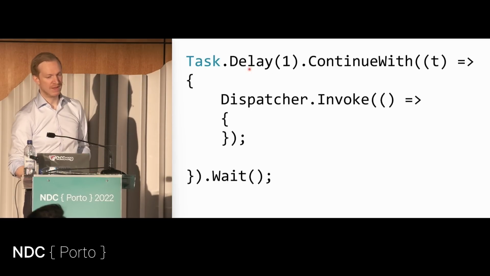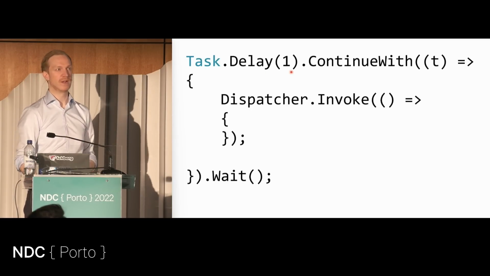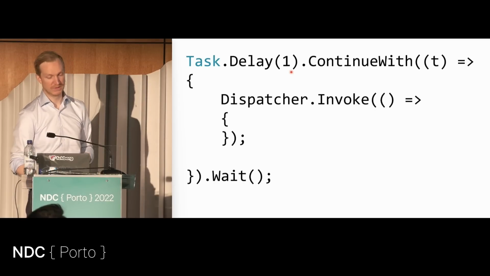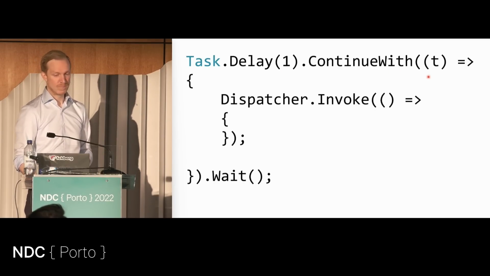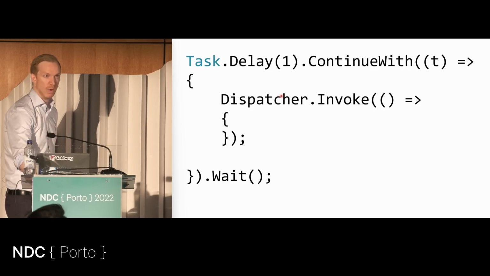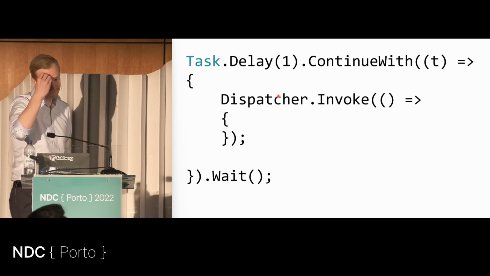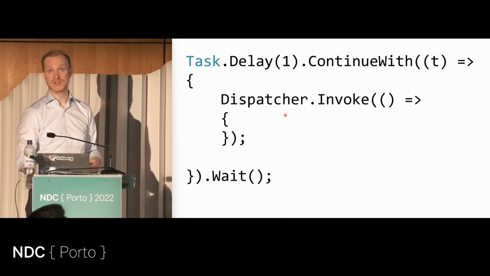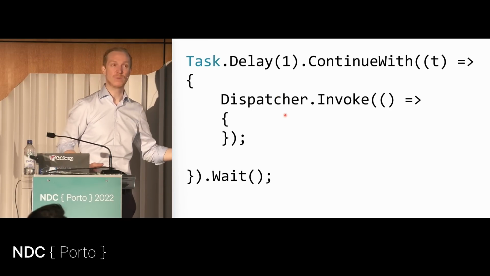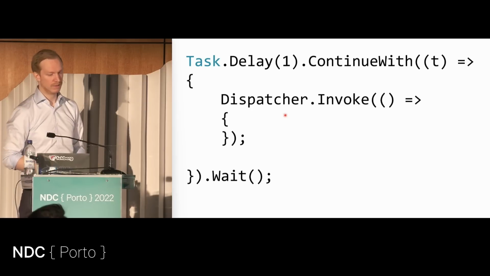Let's just imagine that we have some work that's happening somewhere else. This could be loading a file from disk or something like that. When that work is done, I want to continue with some work, and I want to do that on the UI thread. Now, that sounds all good, because we saw that this dispatcher that WPF uses to communicate back with the UI thread works really well.